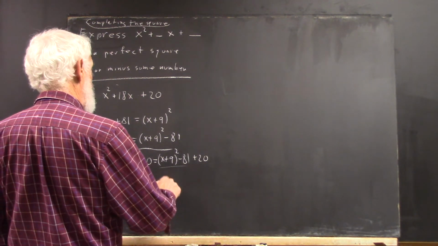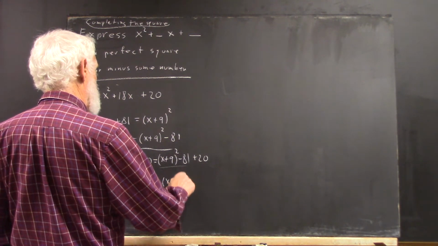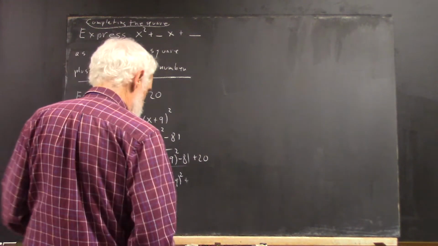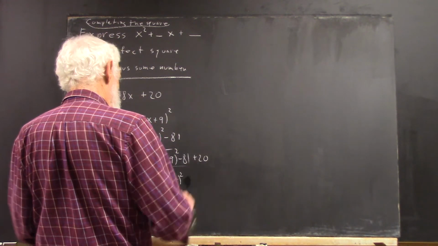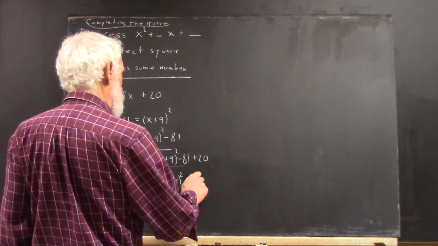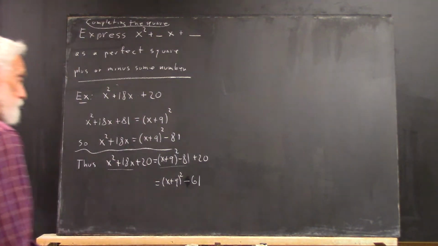And that equals x plus 9 squared, negative 81 plus 20 is minus 61.